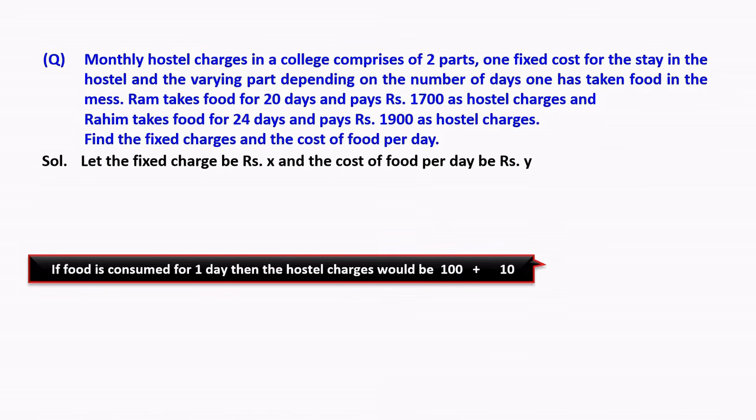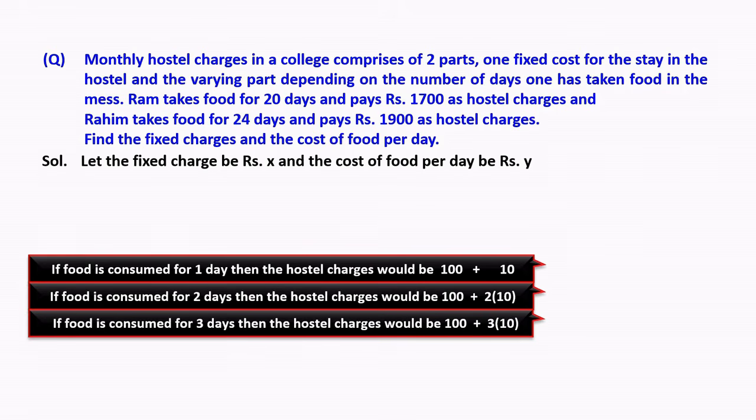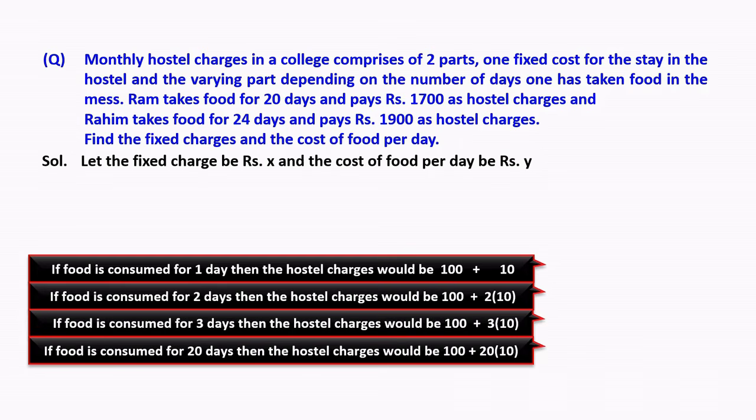If food is consumed for 2 days, then the hostel charges would be 100 plus 2 times 10. If food is consumed for 3 days, then the hostel charges would be 100 plus 3 times 10. If food is consumed for 20 days, then the hostel charges would be 100 plus 20 times 10.